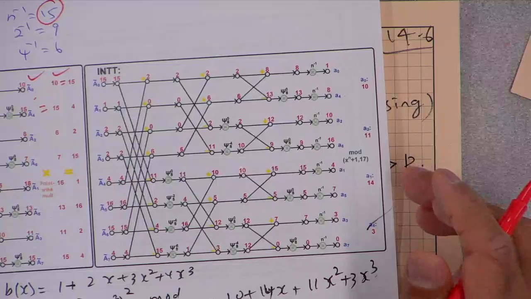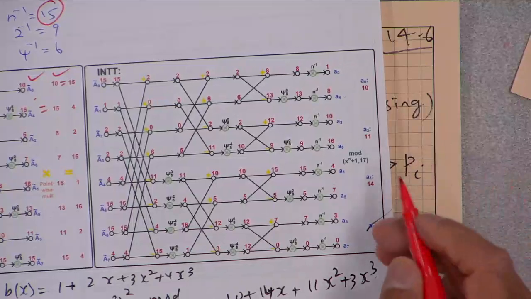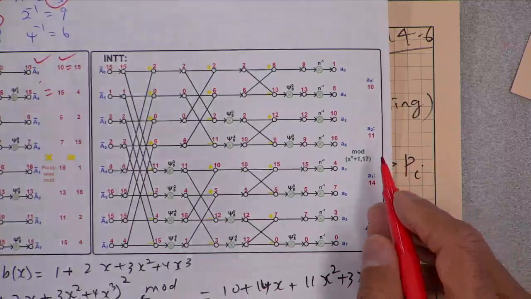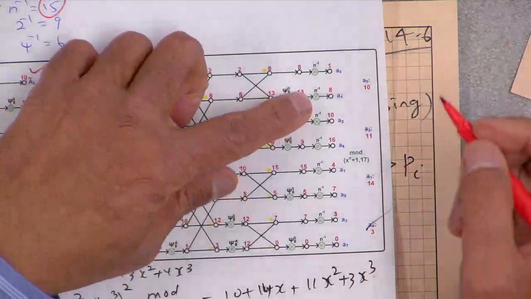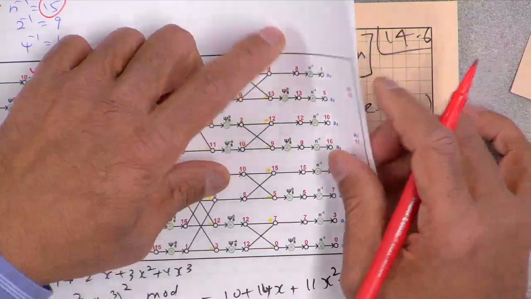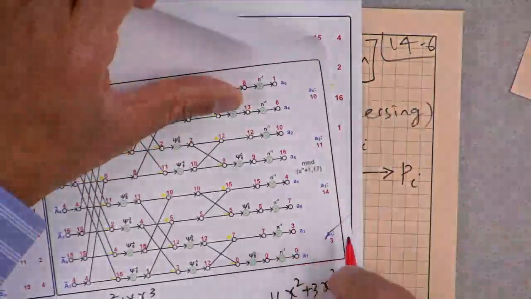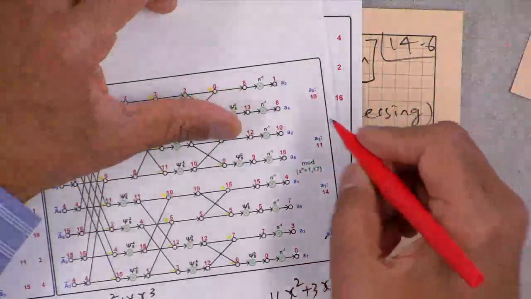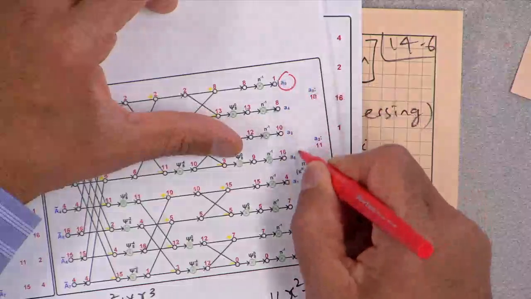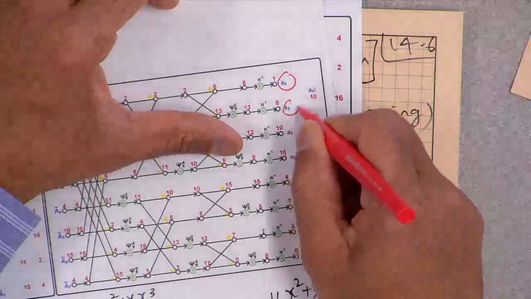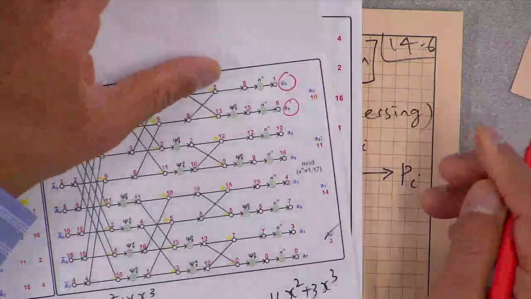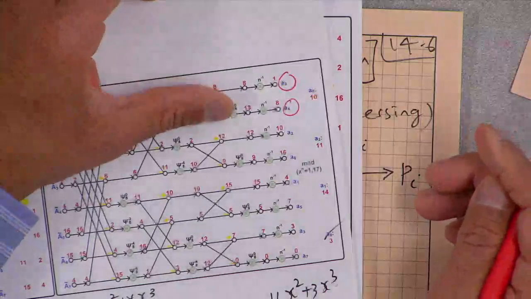So A0. Let's see what we have here. A0, where is A4? Something doesn't seem right, so I think I didn't write that correctly. I'm not sure what is here. A0 plus A4 is, what did you write here?